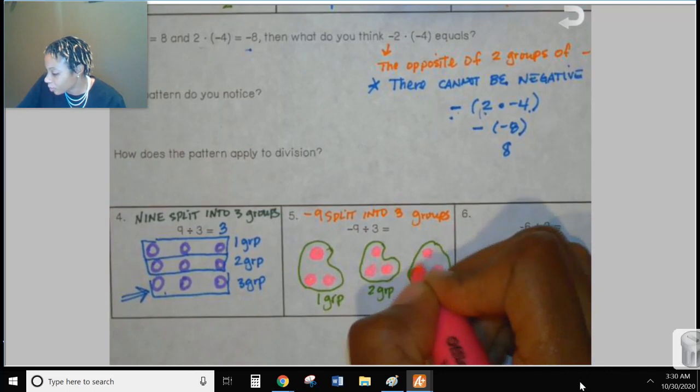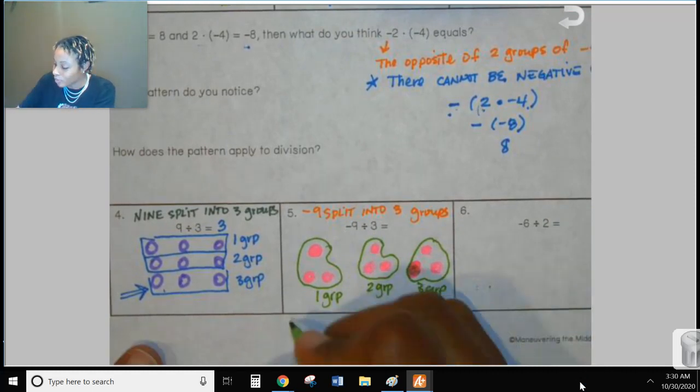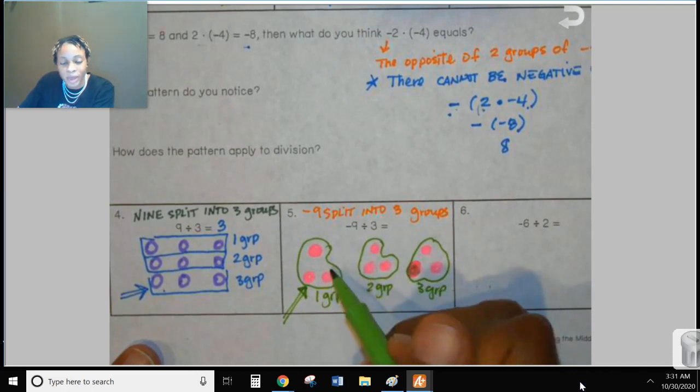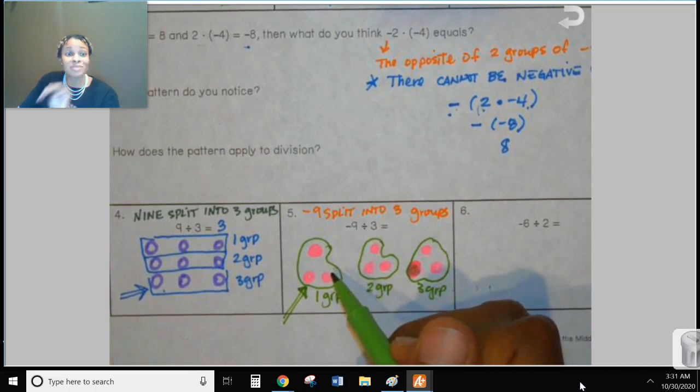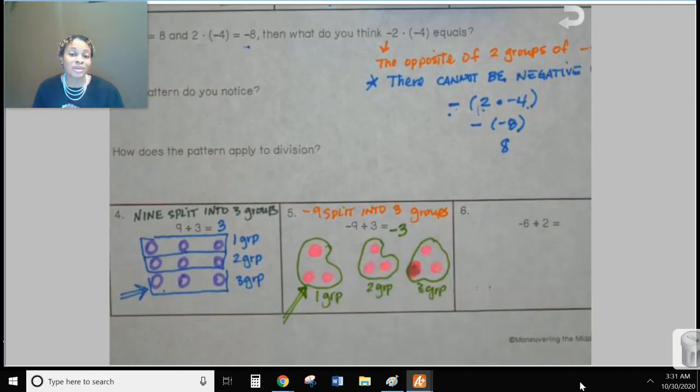And again, in division, I want to know what's in that one group. So in one group, if I just take my attention here, what's in one group? In this one group, I have 3 negative counters because they're shaded. So negative 9 split into 3 groups will give us a negative 3. That's what we end up with in the end.